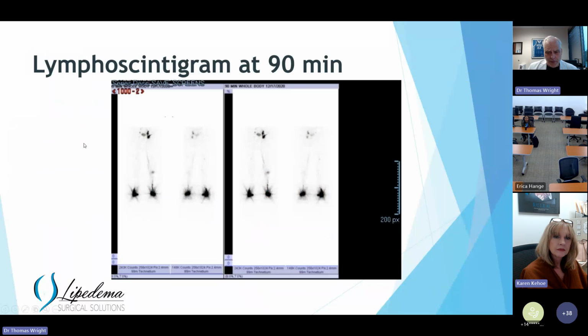This is her lymphocitogram, and for those who aren't familiar, you can see the uptake in the lymphatics is normal on one side, that's the darker line, and then it's markedly diminished in the other leg.